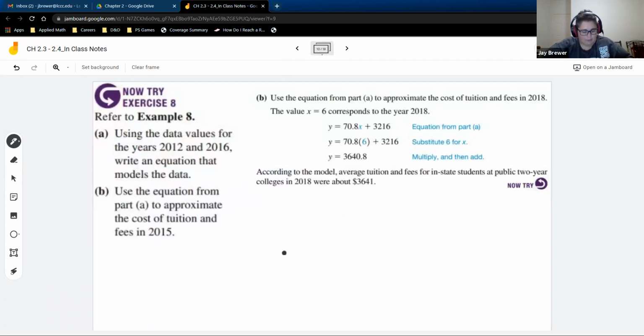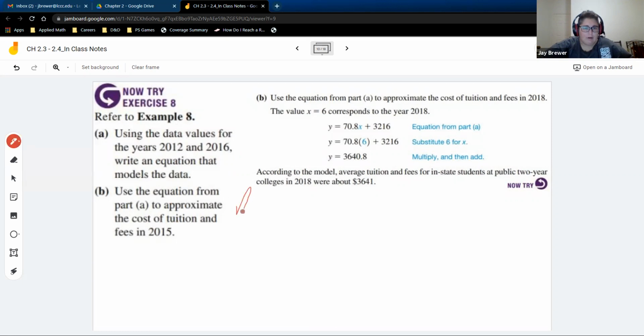All right. So for example 8, it says refer to example 8 in the book. That's why I pulled this part out. And it wants us for A to use the data values for the years 2012 and 2016. So I'm going to give those to you.